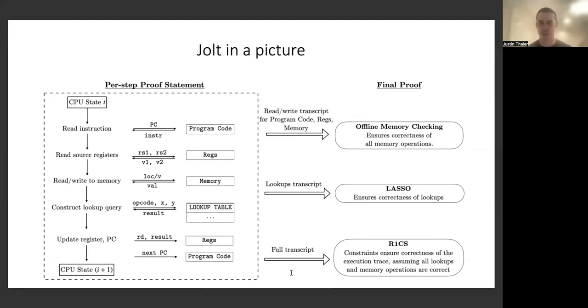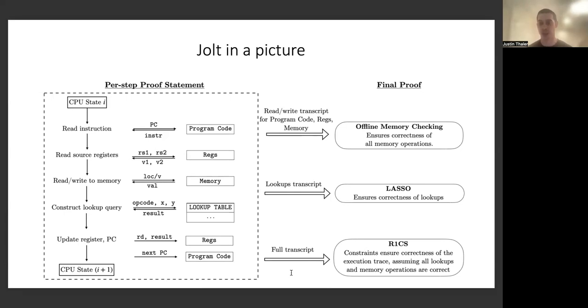Okay, there's the lookup argument we're going to use to make sure that each instruction is executed correctly. Okay, there's what I call offline memory checking, an offline memory checking argument to make sure that all reads and writes are done correctly, right?